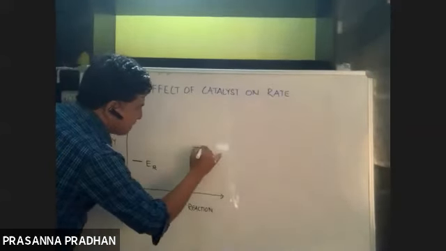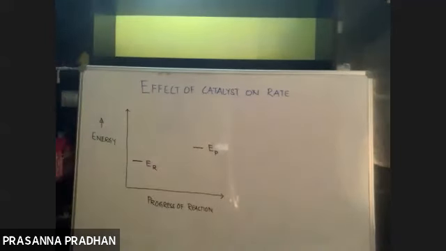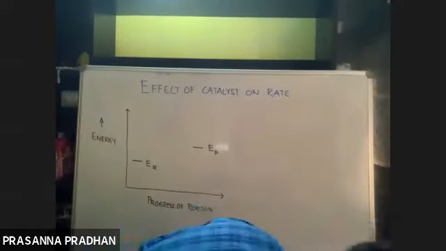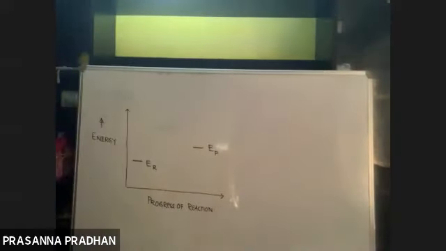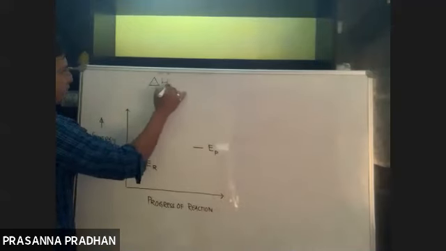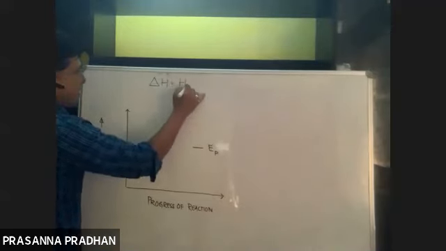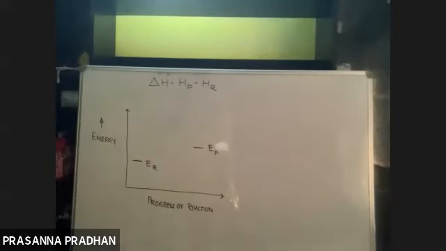Fine, and let this be the energy of product. So here I'm talking about what kind of reactions, exothermic or endothermic? I made this concept clear earlier. The enthalpy change of a reaction is given by enthalpy of product minus enthalpy of reactant.